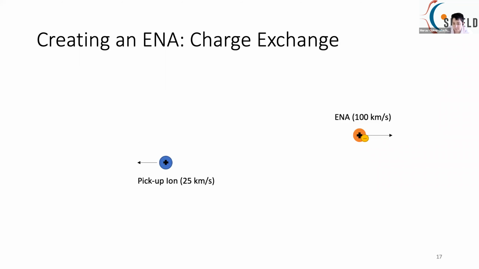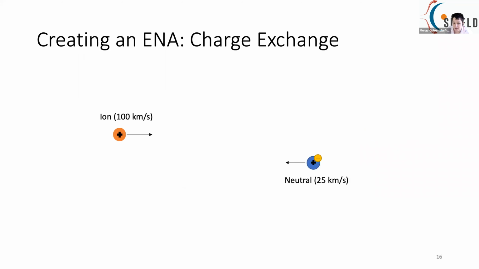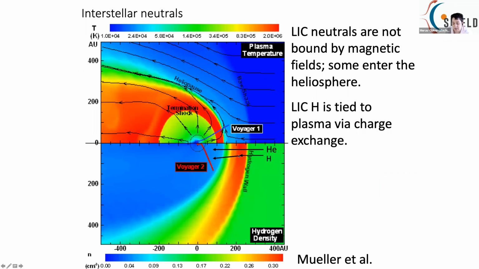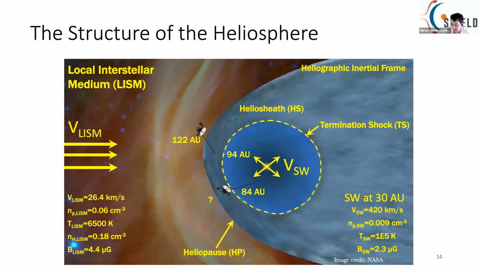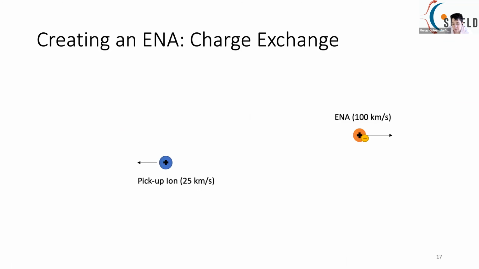Another way that this can happen, that is not shown here, is that the neutrals, when they come streaming into the heliosphere, can be photoionized really close to the sun, and also become an ion. So not just by charge exchange, but also by photoionization, they become an ion with 25 kilometers per second. For the solar wind that is moving at 400 kilometers per second, this is almost an ion at rest.